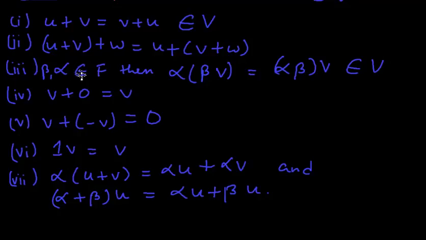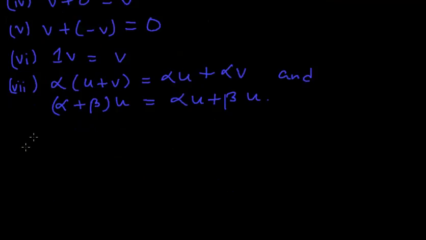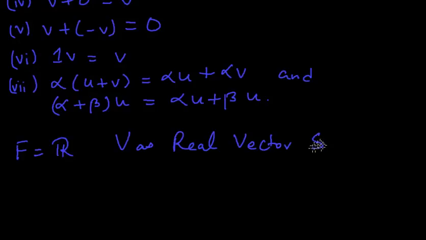And alpha, beta are from the field. It could be real numbers, it could be complex numbers. If F is the real numbers, we call V a real vector space. And if the field is the complex numbers, the complex plane, then we call V a complex vector space.